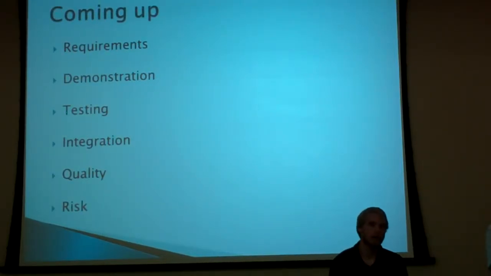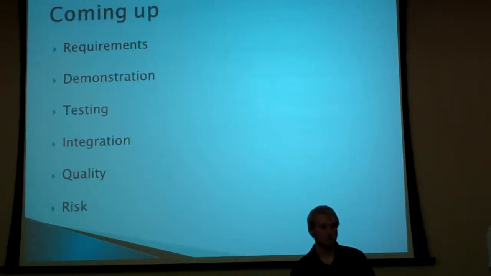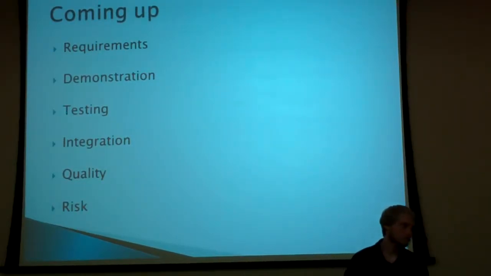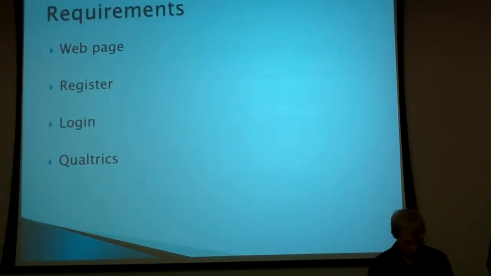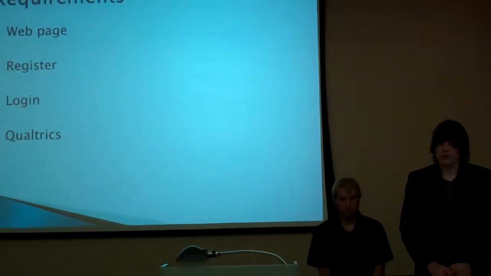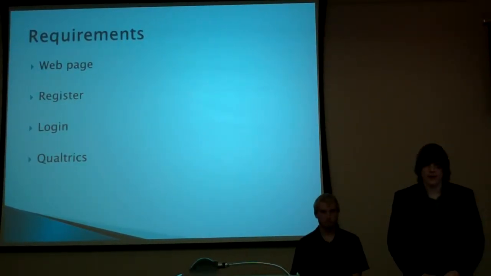Coming up, we have several different requirements that we wanted to discuss with you, and Will will take over. So, the requirements for this project is we're required to make a web page. The client came to us with a domain name, and that's it.